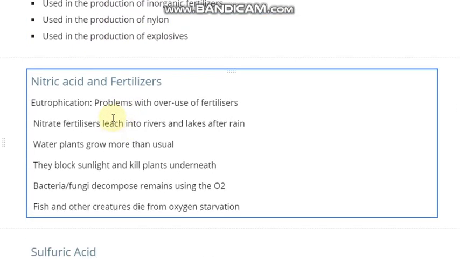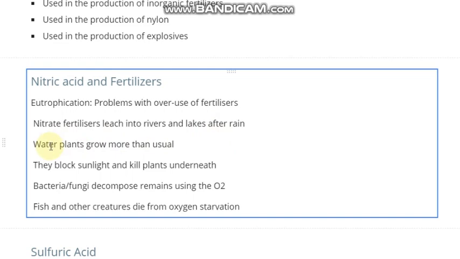Now, what about nitric acid and the fertilizers? Here we have listed some main problems that nitric acid and fertilizers can cause when they are overused. It's called eutrophication. These nitrate fertilizers leach into rivers and lakes after the rain, after the acid rain, and the water plants grow more than usual.